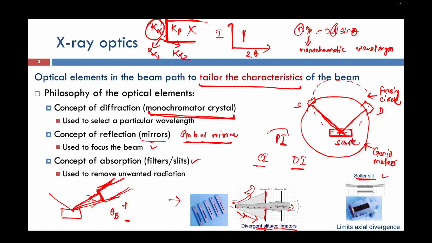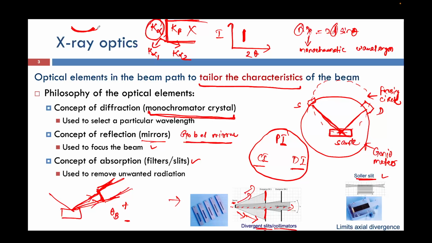Considering all these three, if we want to get a perfect line in this intensity versus 2 theta diagram, a single line, then our sample should always be a curved surface, not a flat surface, right? Why should this sample be a curved surface?